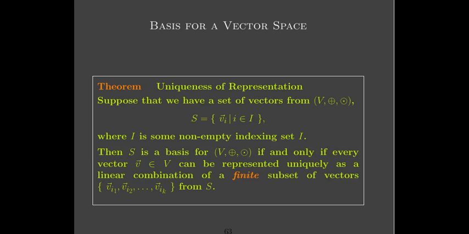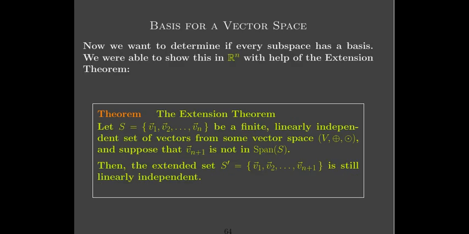A set of vectors forms a basis if and only if every vector in V can be represented uniquely as a linear combination of a finite subset of vectors in S. So even if the basis has an infinite number of vectors, every vector can be represented by a linear combination of a finite subset of those vectors.